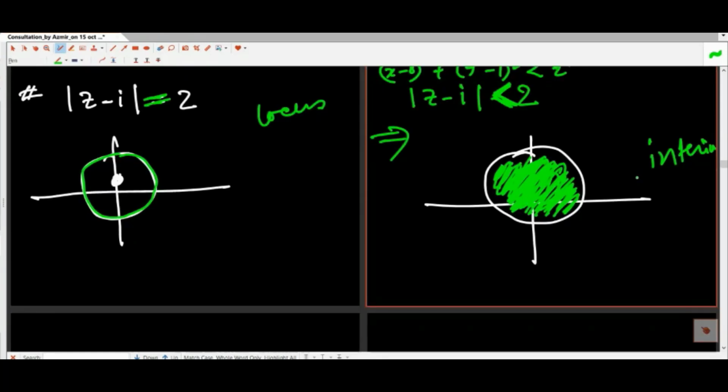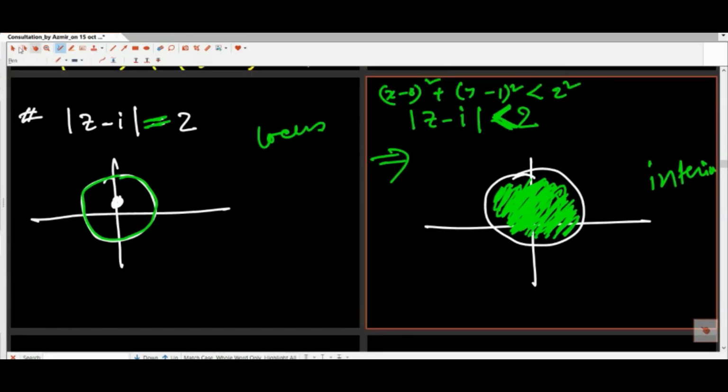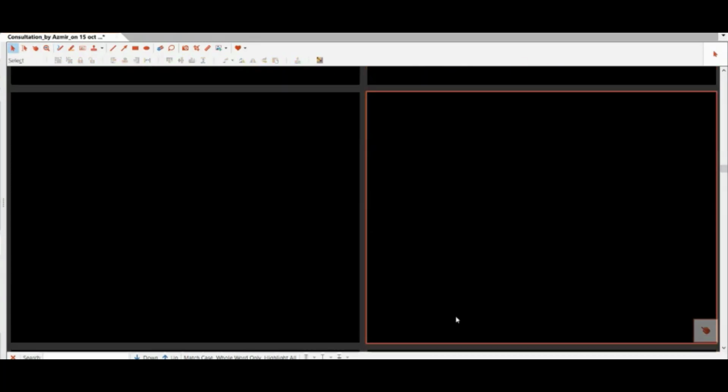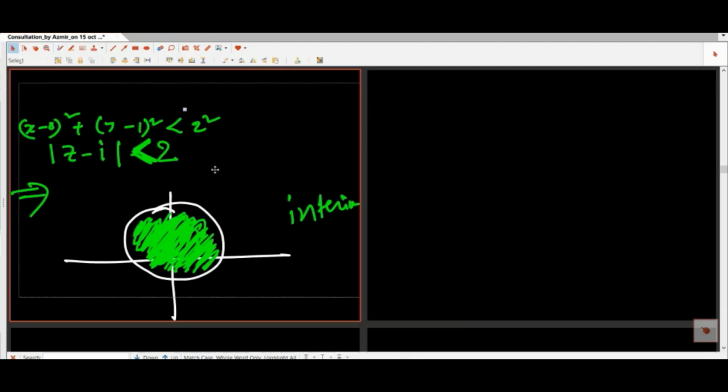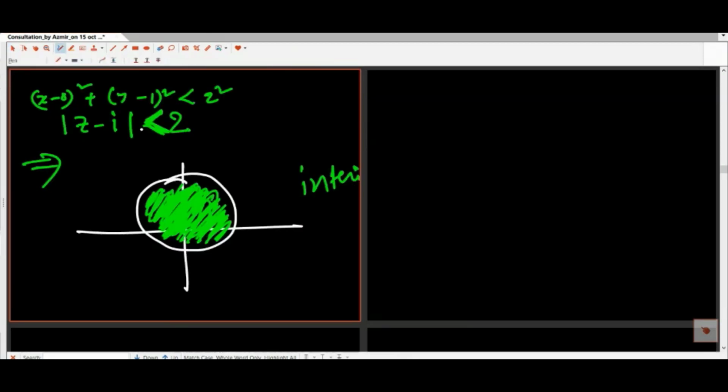Similarly, if we have the same type of problem with, let's say, this time we have less than equal. So finally we will get less than equal.